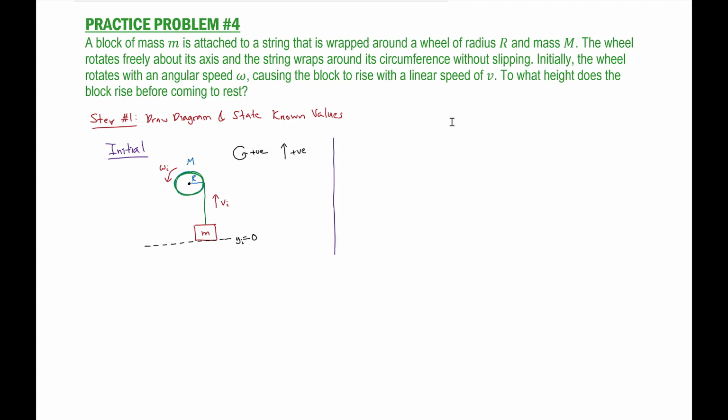Okay, so it seems like there's nothing else we need to add to this. Let's draw what happens in the final stage. So in the final stage, we have our pulley again. The axis of rotation, the mass and the radius don't change, but the angular speed might.